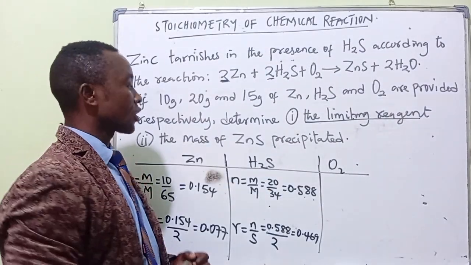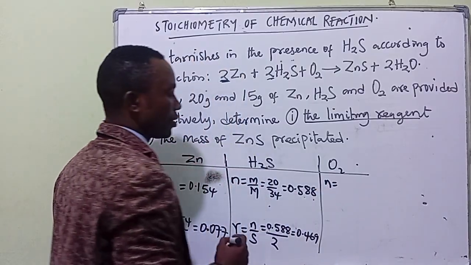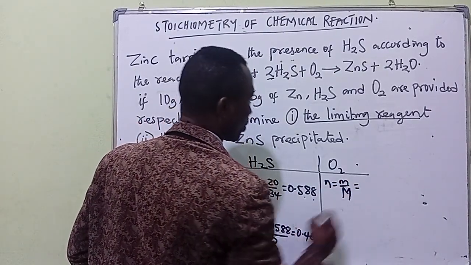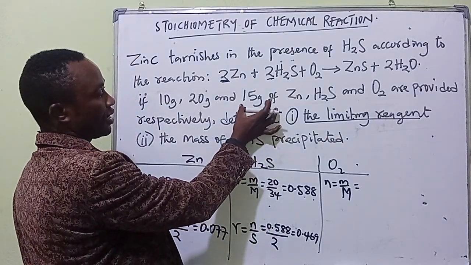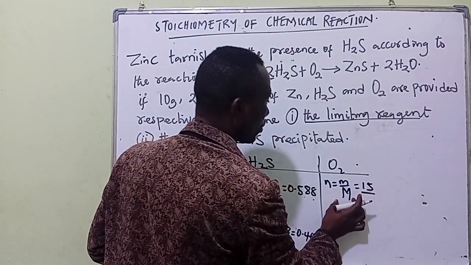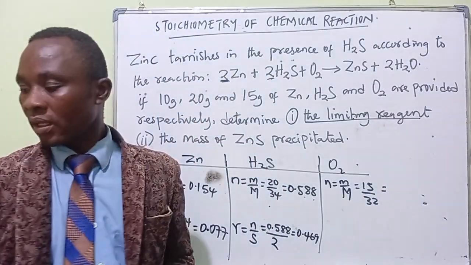Next we'll get the ratio of mole for oxygen. Now the number of mole first. The number of mole for oxygen is the mass of oxygen divided by the molar mass of oxygen. The mass of oxygen given is 15. So we'll have 15 divided by the molar mass of oxygen, which is 32.